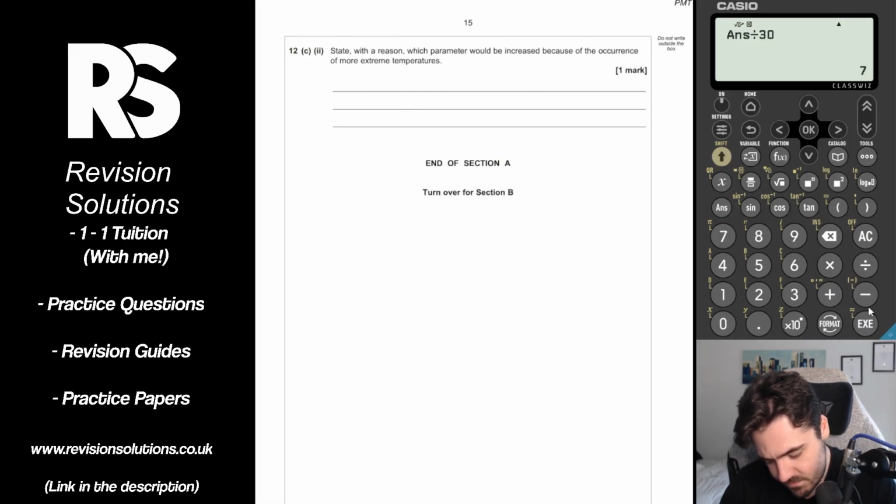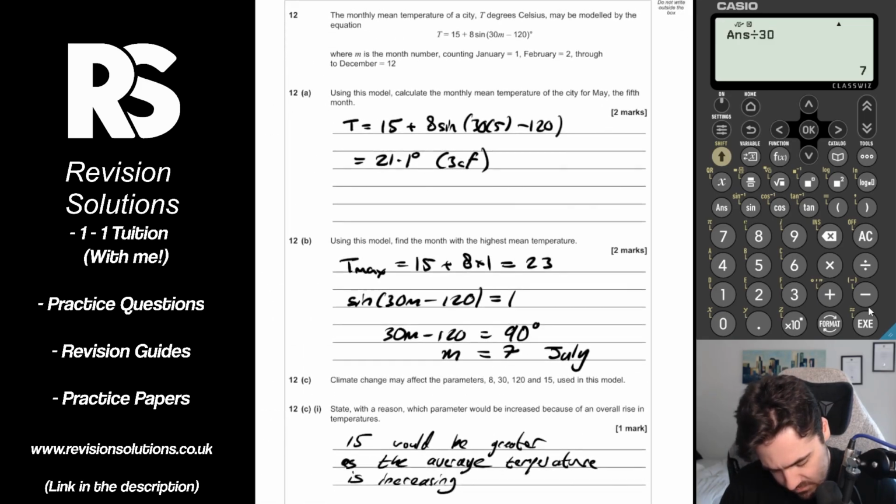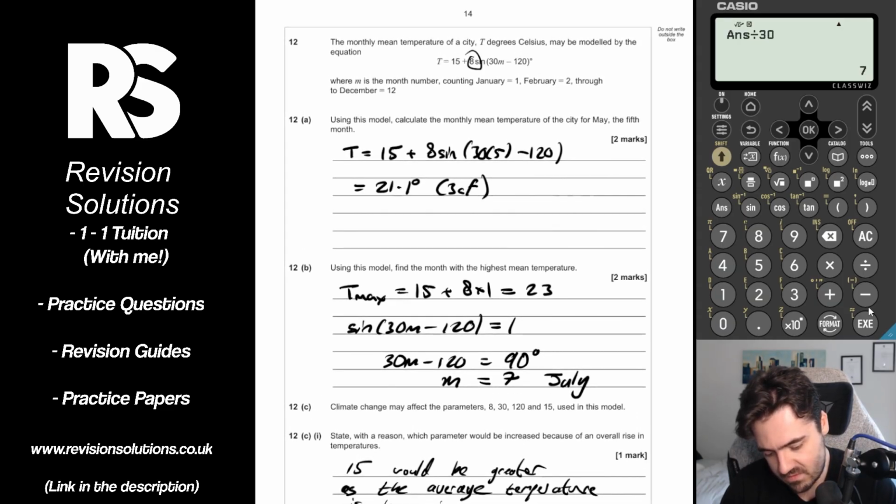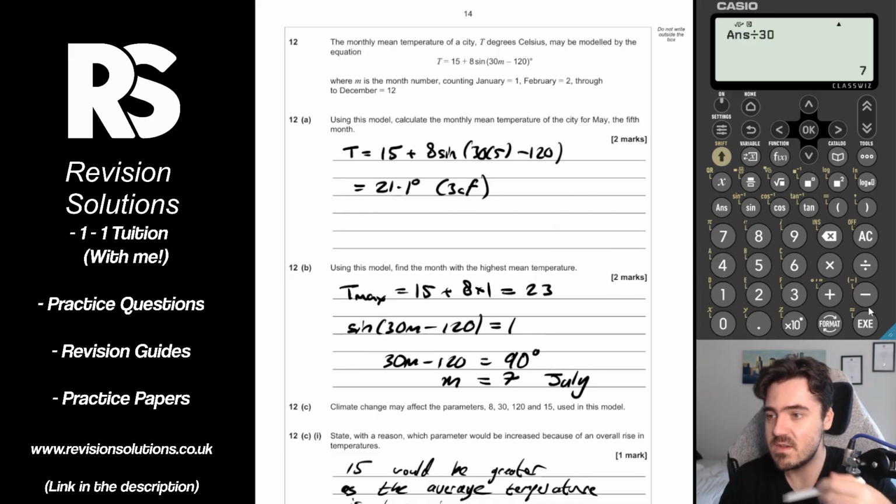Then for part 2, it says state with a reason which parameter would be increased because of the occurrence of more extreme temperatures. Okay, so again, that would affect the extremeness as well, but I think they're probably more referencing this one, because that's determining how far up and below 15 we go.